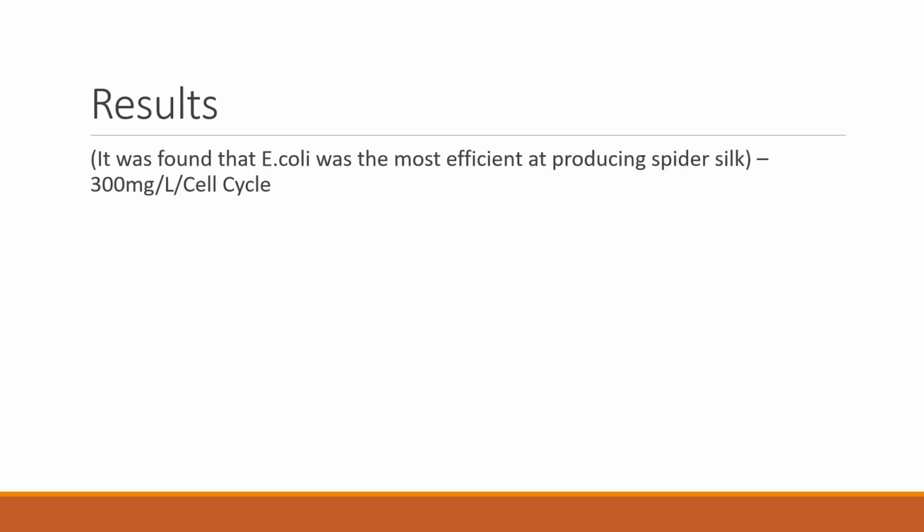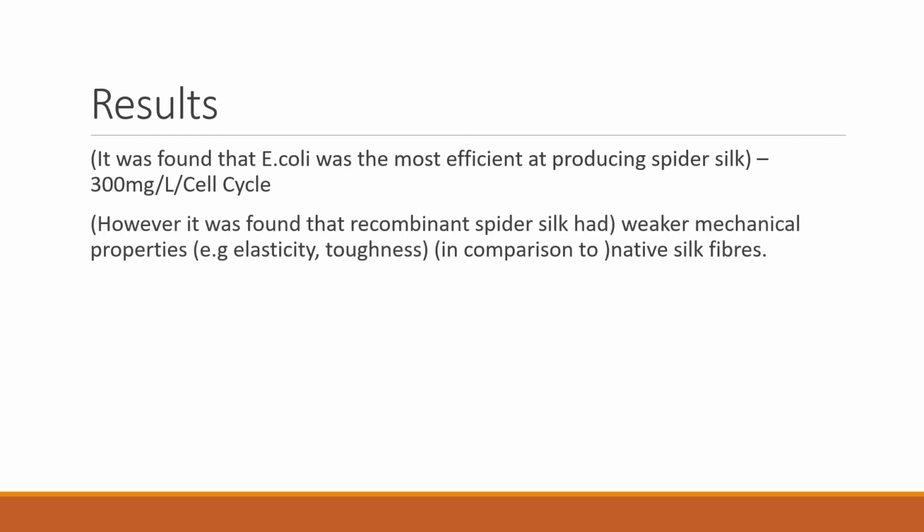This research shows that E. coli was the most effective at producing the spider silk with 300 milligrams per liter per cell cycle. However, it was found that recombinant spider silk had weaker mechanical properties than native silk, so we will have to wait and see if the product can be improved in quality.